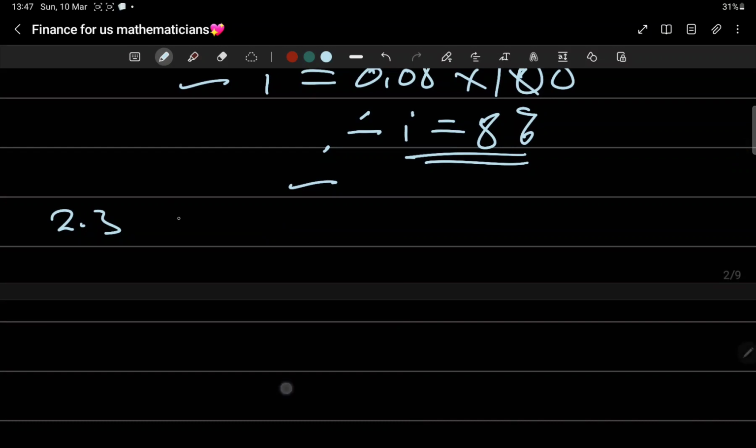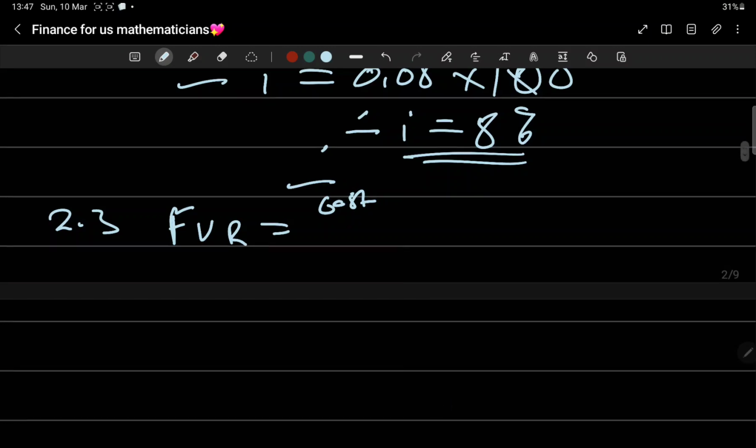The future value required equals the inflated cost of the new bus minus the scrap value, or the book value.